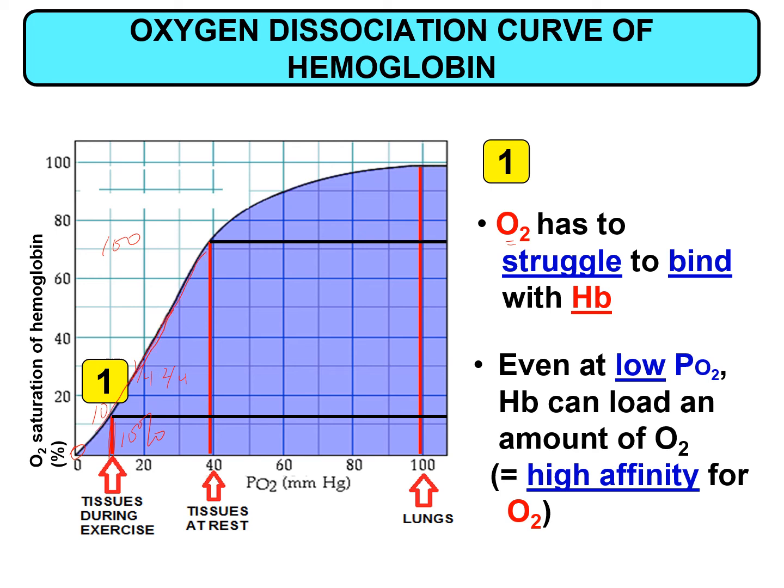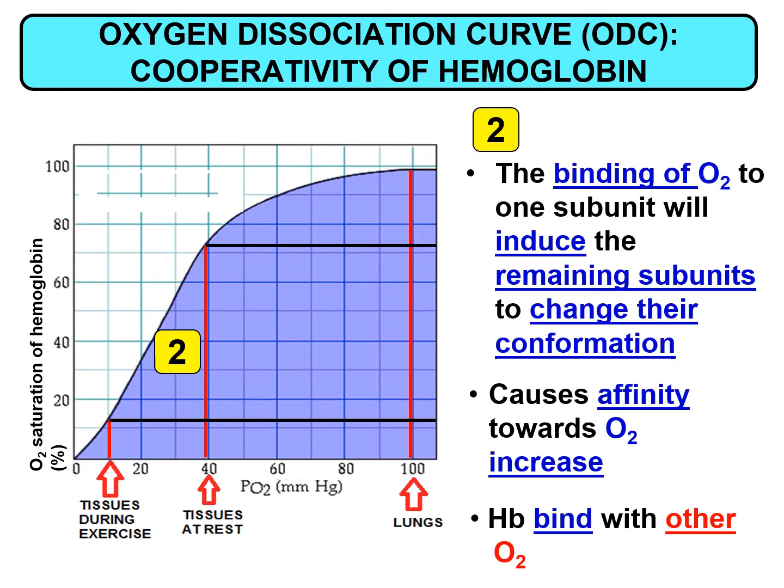So there is a sudden increase here because of the cooperativity. The binding of oxygen to one subunit induces the remaining subunits to change their conformation, increasing the affinity of hemoglobin towards oxygen.